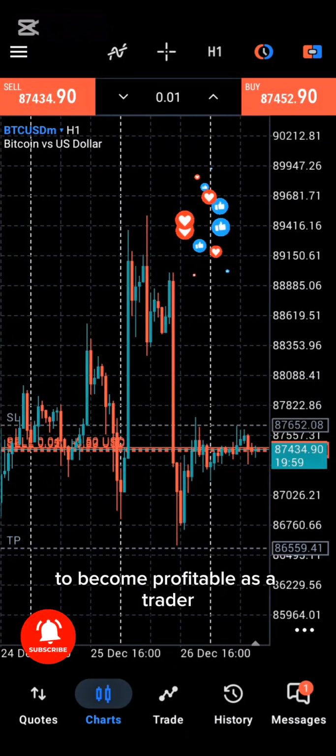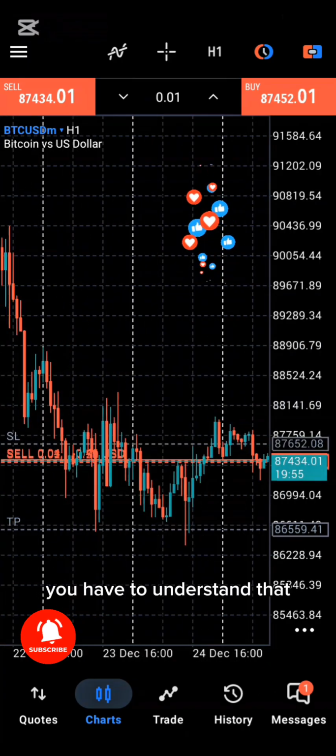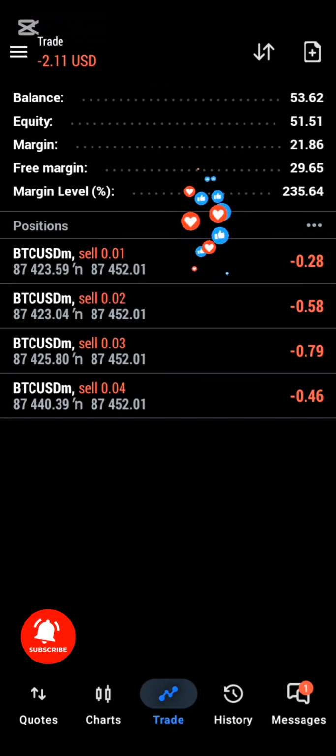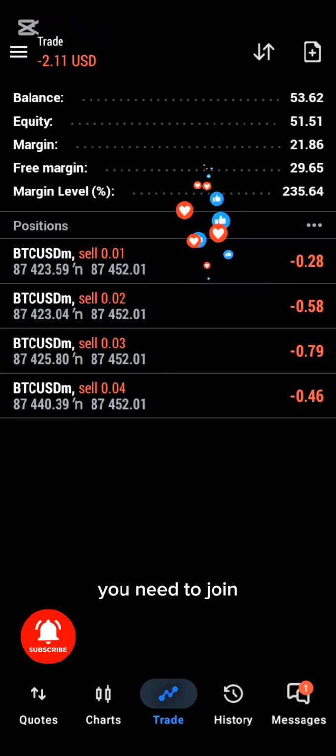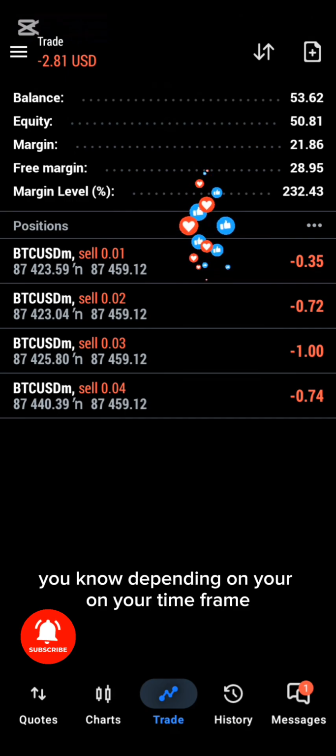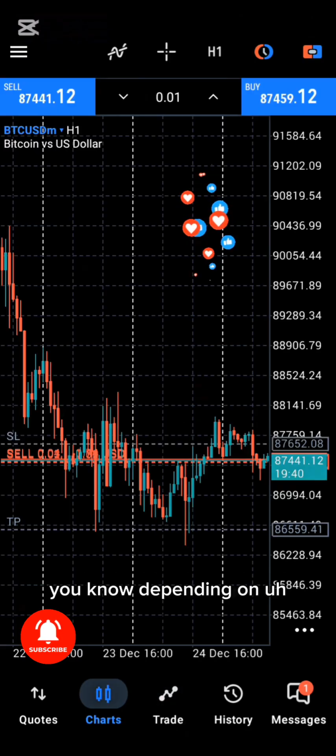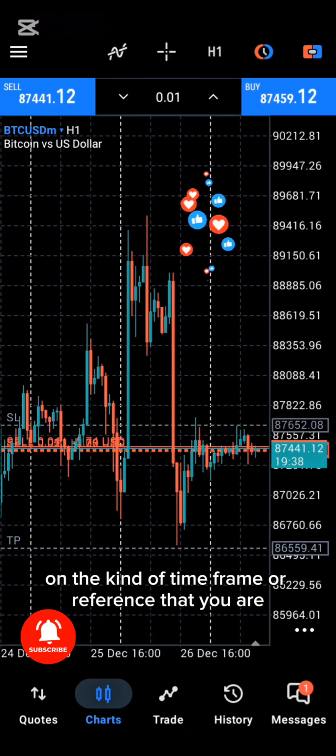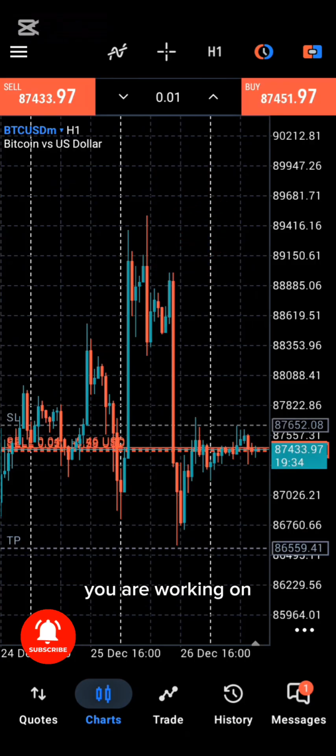To become profitable as a trader, you need to join or participate in a long-term market movement, depending on your time frame, depending on the kind of time frame or preference that you are working on.